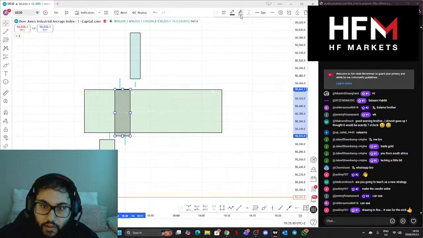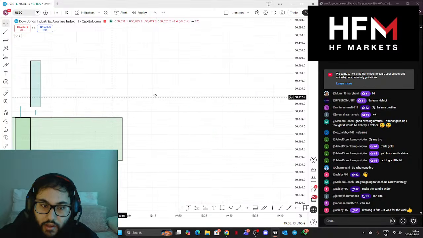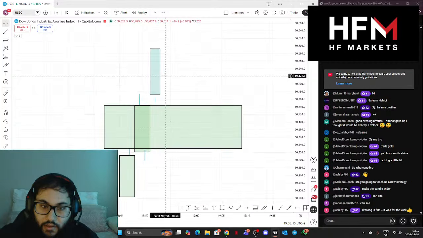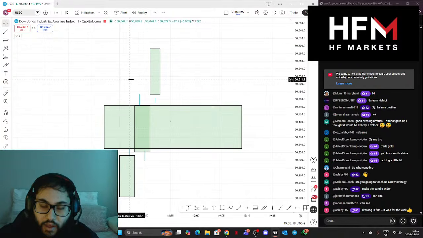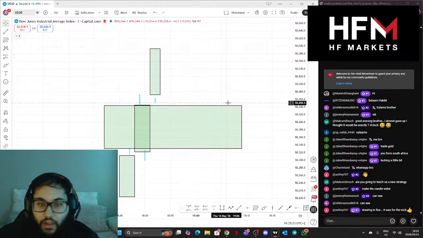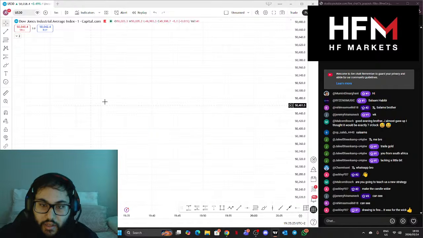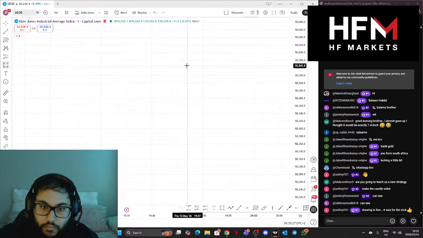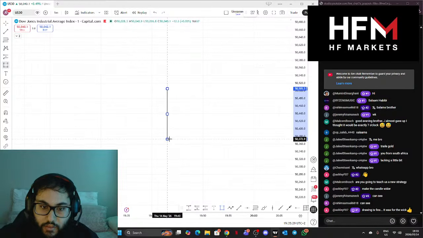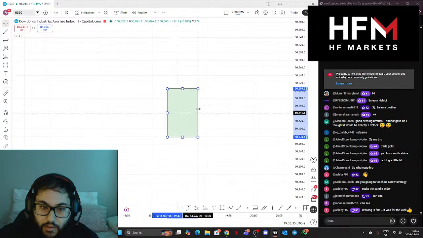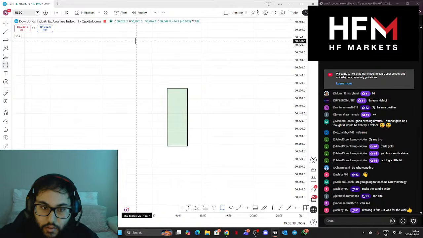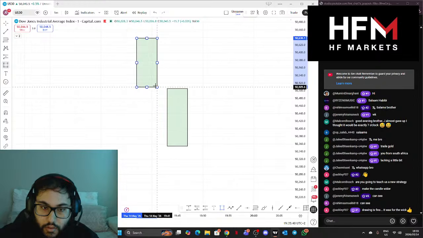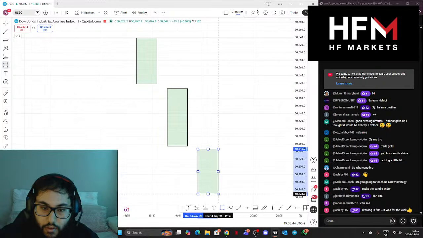Now let's look at an example of a bearish fair value gap. It's the same concept. You'll have three candles here. Another thing, okay, I'll come back to that. So we can have another candle like this, a bearish fair value gap. Let's make this big.